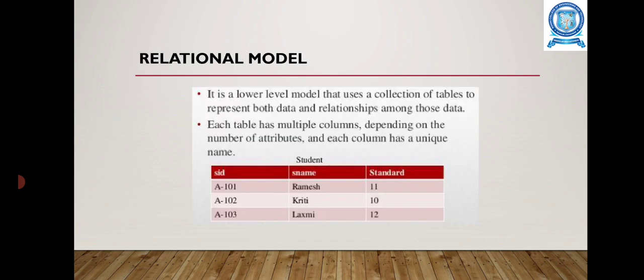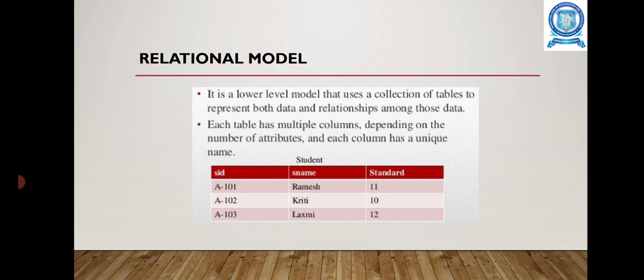The next one is the relational model. The relational model is one of the lower level models that uses a collection of tables to represent both data as well as the relationships among those data. Here the table structure is maintained.